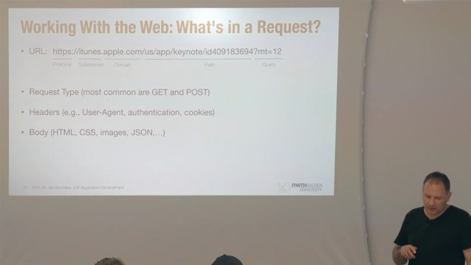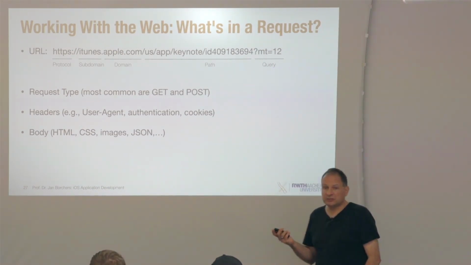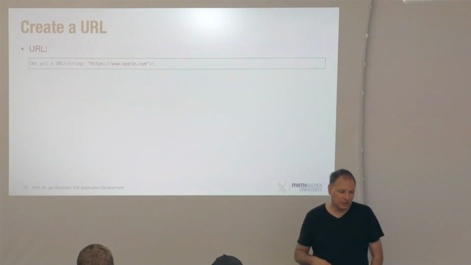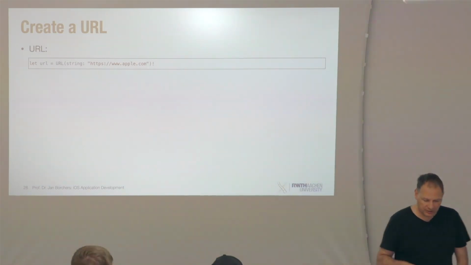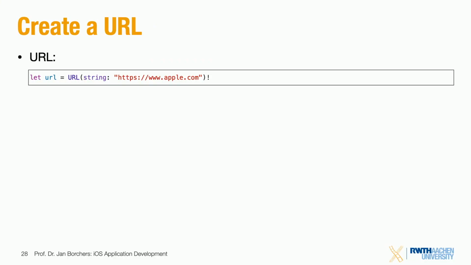Okay, so what we need to build, of course, to make a request is a URL. When you want to create a URL, it's not hard. There's actually a nice way to do this. There's a data type called URL, and it has an initializer that you just pass a string into. The only thing that might throw you off here is the forced unwrapping that we're doing, because that's like, ooh, nasty, right?